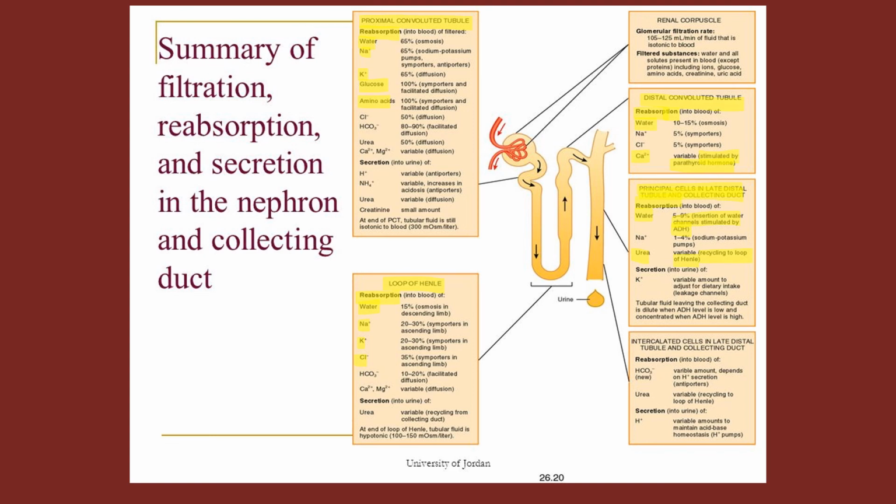So those are going to be important. And then a little bit with the intercalated cells here. Just a little bit with that bicarbonate reabsorption and hydrogen secretion. So again, just a review of everything that we've kind of gone over so far.